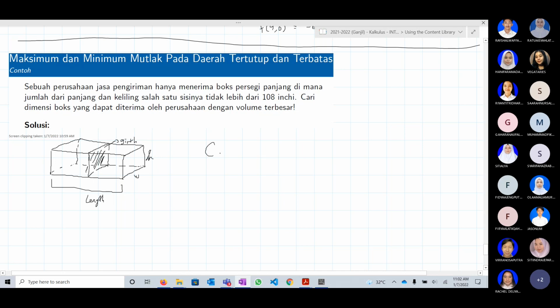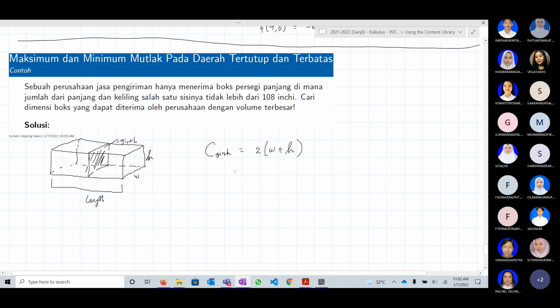So the circumference of the girth is basically 2 times the width plus the height.